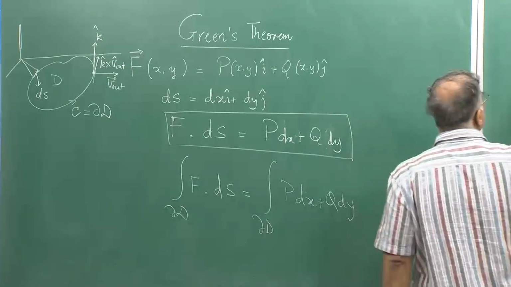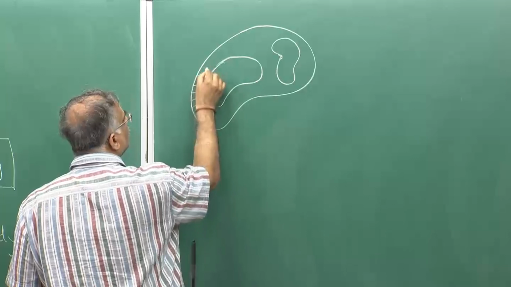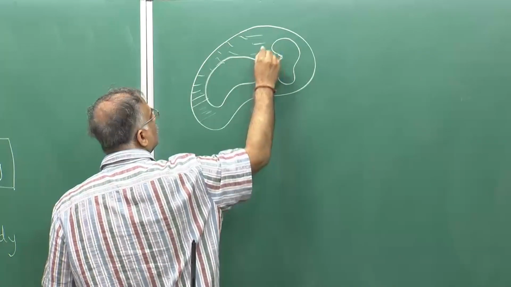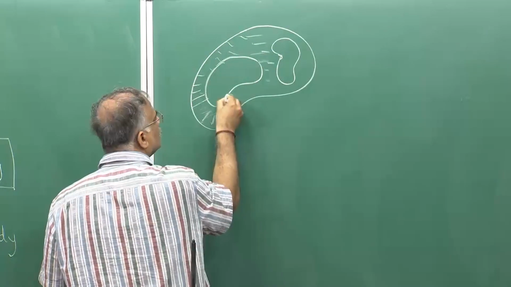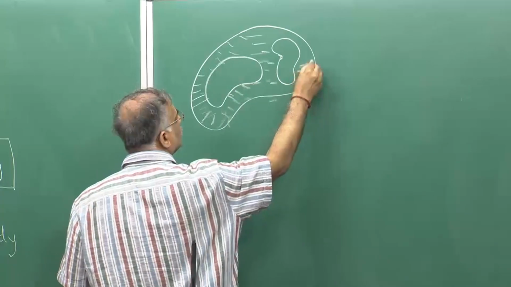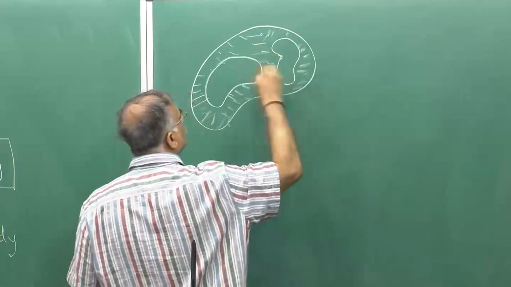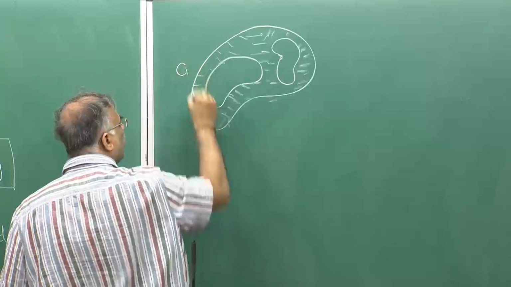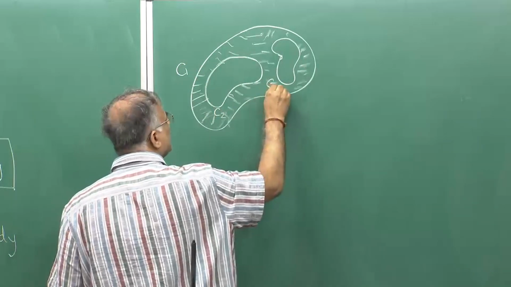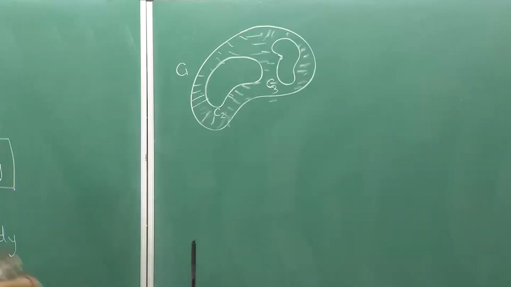The region is actually here, this is the domain. These are holes, so this is C1, C2 and C3, and all three together make up the boundary.